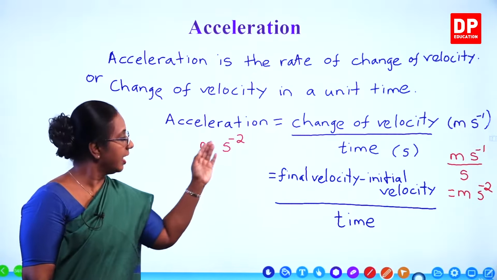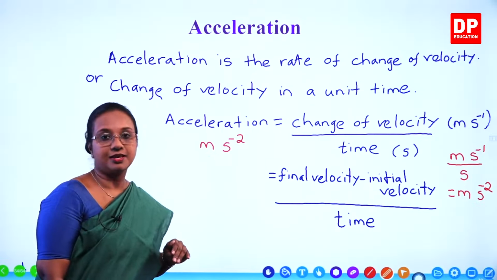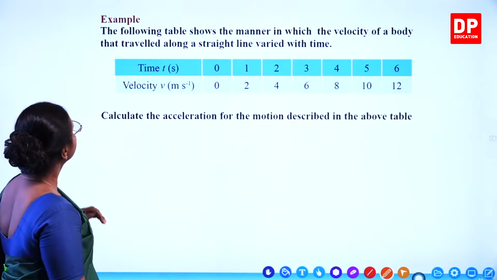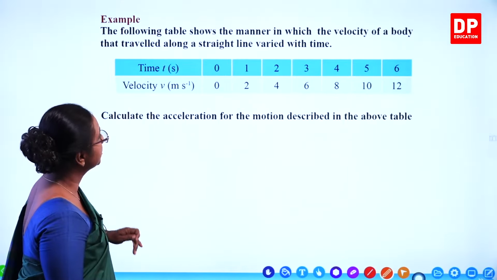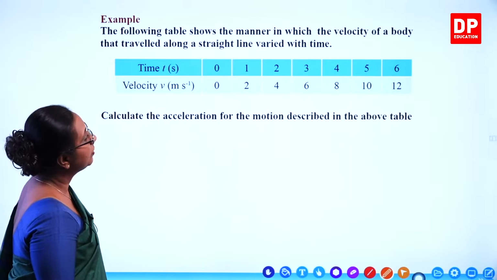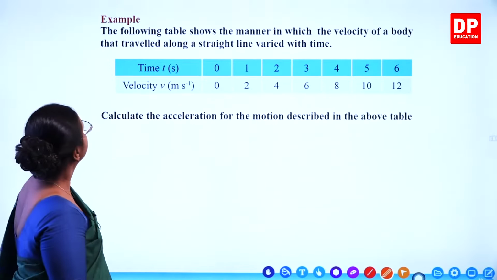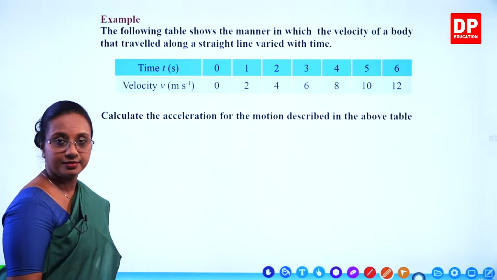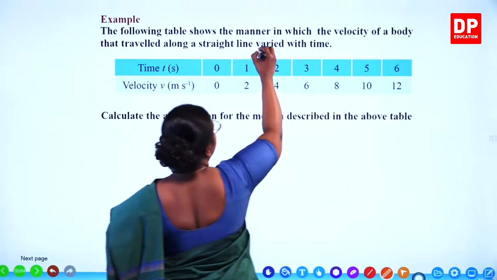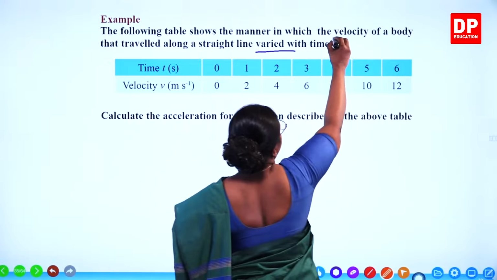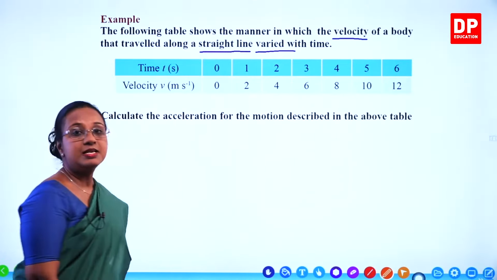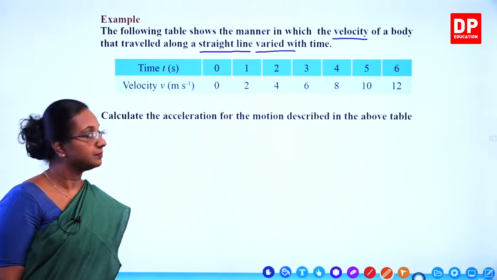Now we will see how to calculate acceleration. If we use the data given here, the following table shows the manner in which the velocity of a body that traveled along a straight line varied with time. So here we talk about the variation of velocity and it has to be in a straight line.